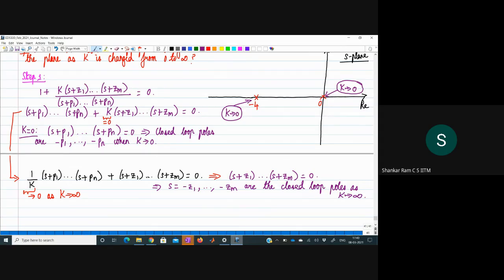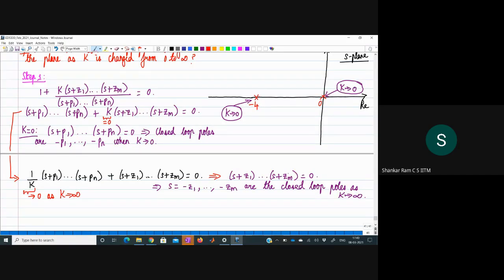Now going to the next step, let us consider the pole at -4. We are now going to reason out how the branch will start.